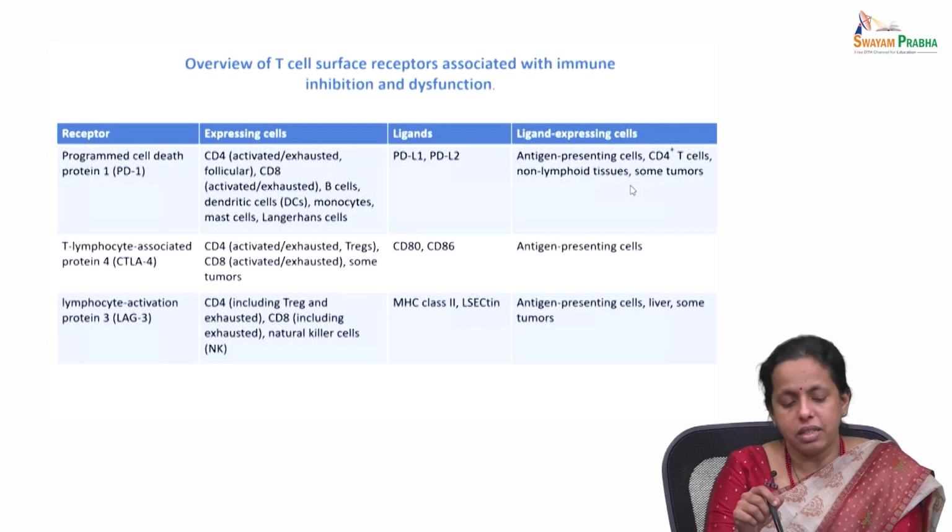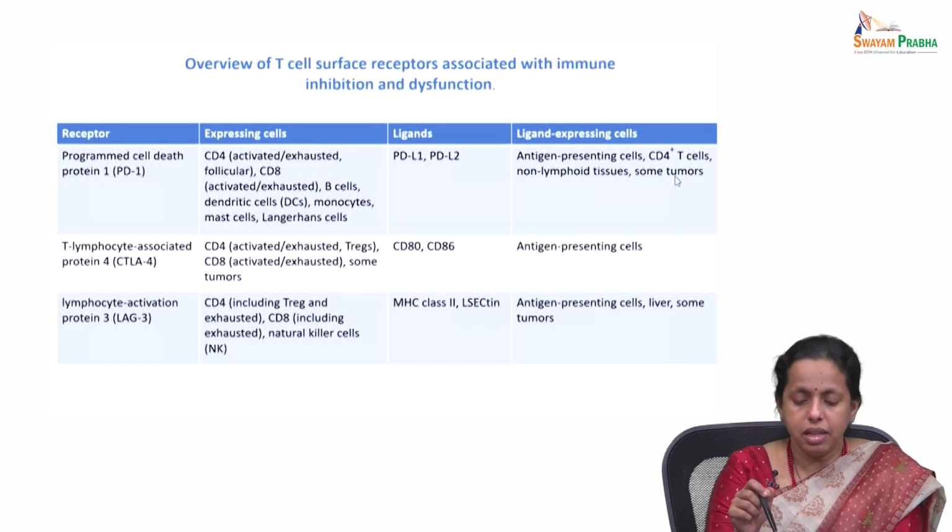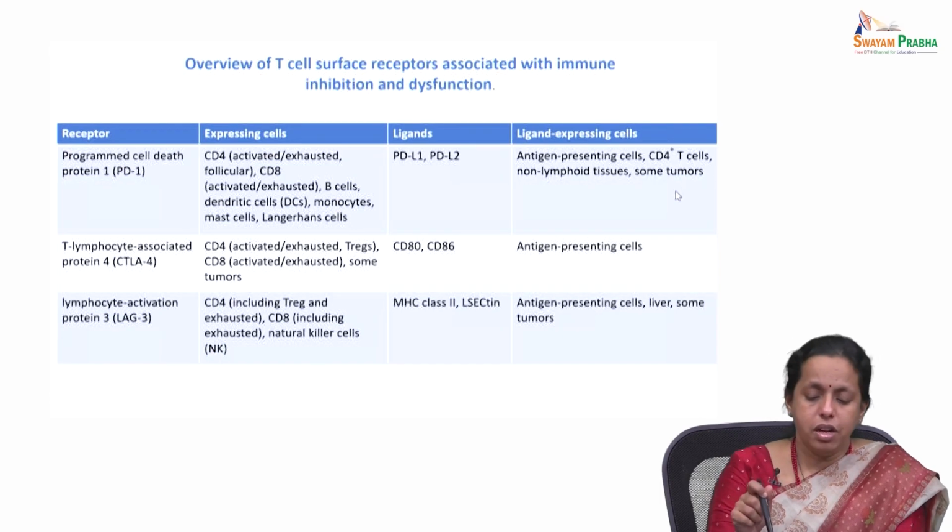Where are these ligand expressing cells? They are in the antigen presenting cells, and in your CD4 T cells, non-lymphoid cells and some tumor cells. Very important here is again your T lymphocyte associated protein 4, CTLA4.